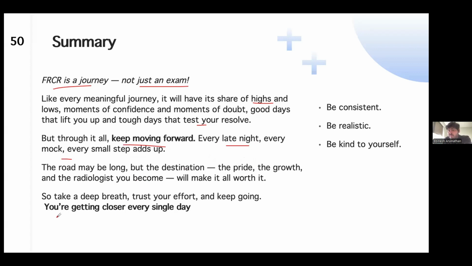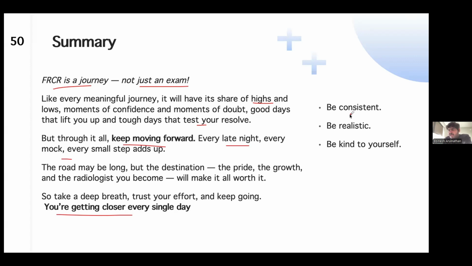And remember that when you are in your FRCR journey, you're getting closer every single day to your dream, and you won't realize that until your dream has been realized, right? I am on this side, so I'm telling you my own experience. I never imagined that this would become a reality someday.